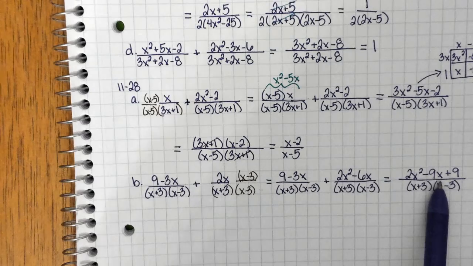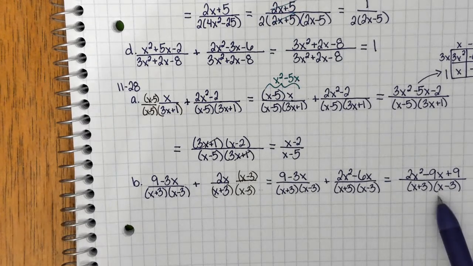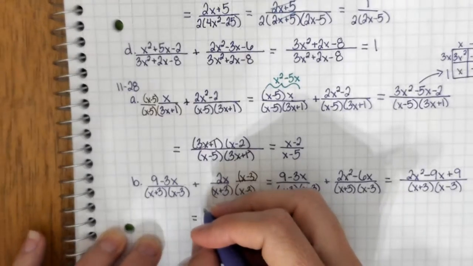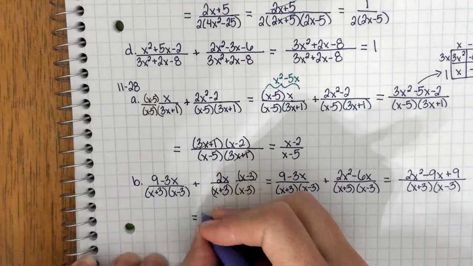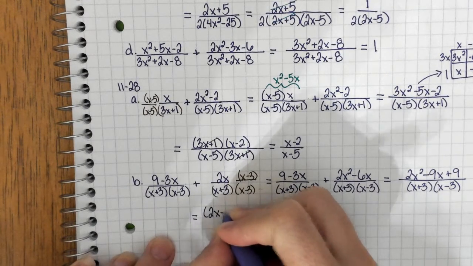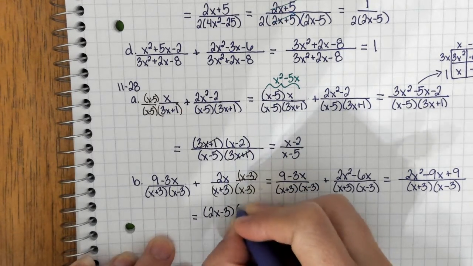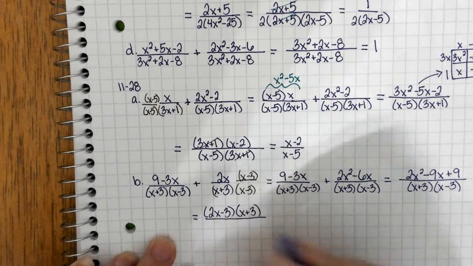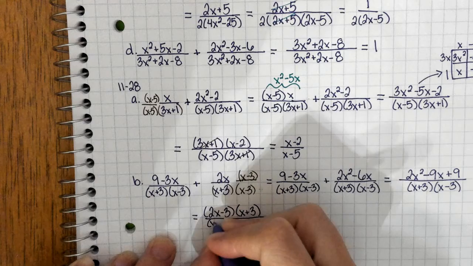So same idea, I want to factor this numerator now. My denominator is factored, nothing can cross out until I factor my numerator. This numerator factors into 2x minus 3 times x plus 3, and my denominator stays the same.